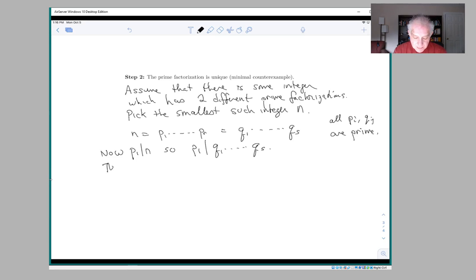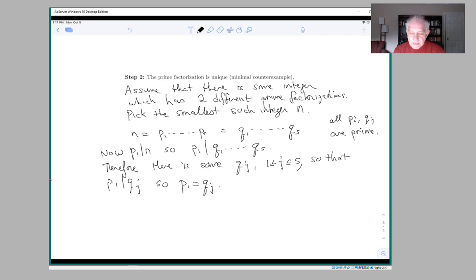Therefore, there is some qj, j between 1 and s, so that p1 divides qj. That was our earlier result. But these are both primes. And if they're both primes and one divides the other, they have to be equal. So p1, the first prime on the left, also occurs somewhere among the q's on the right.